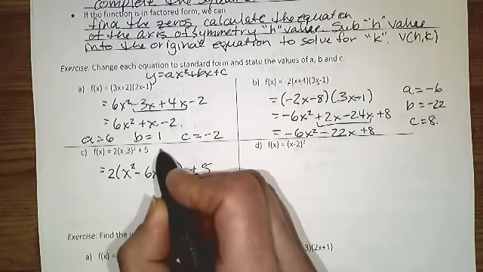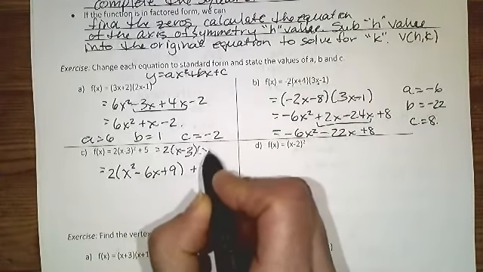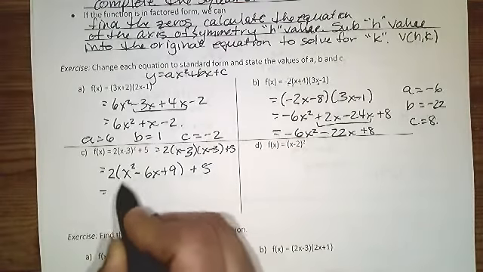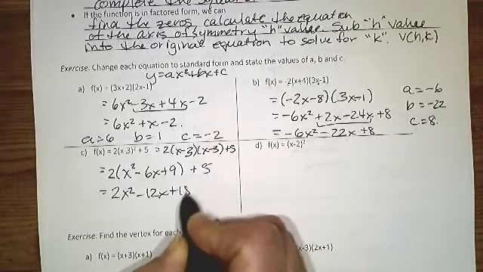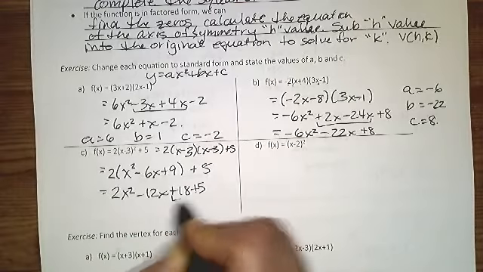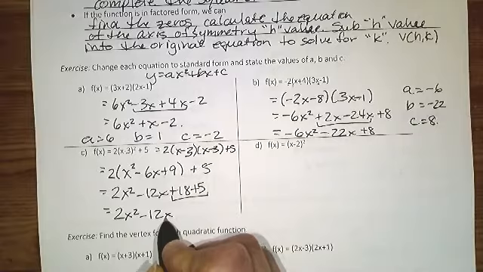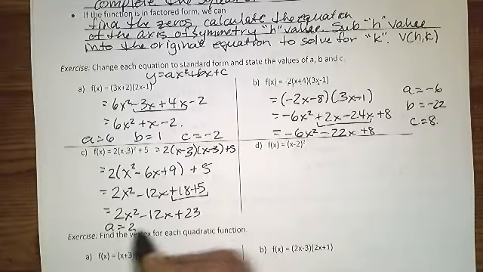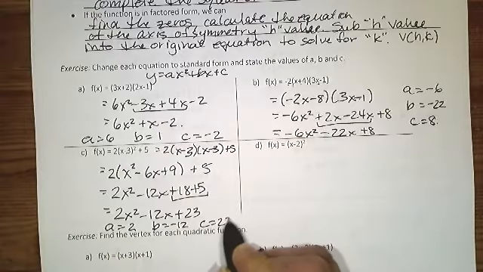But once again, you could just rewrite this and do your FOIL. Then I'm going to multiply into the bracket. And then remember, these are like terms, so I will collect the like terms. A is equal to 2, B is equal to -12, C is equal to 23.